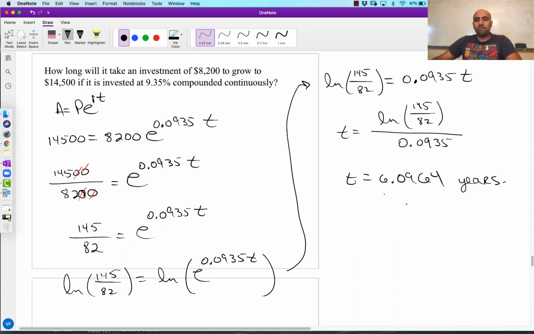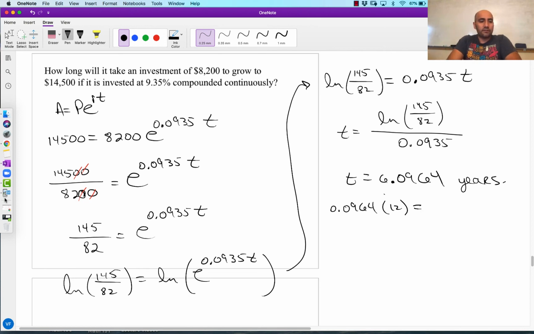6.0964 years, and again, we can convert it into months and days. So if we multiply 0.0964 times 12 months, what are we going to get?